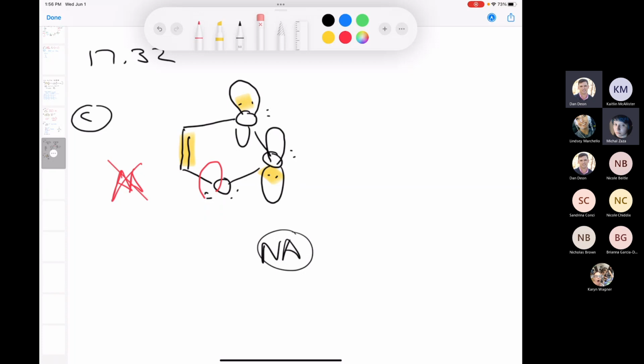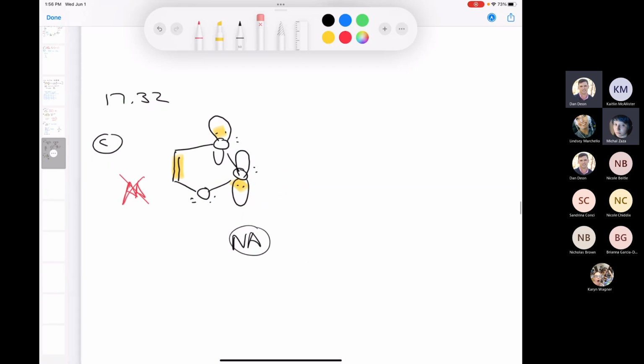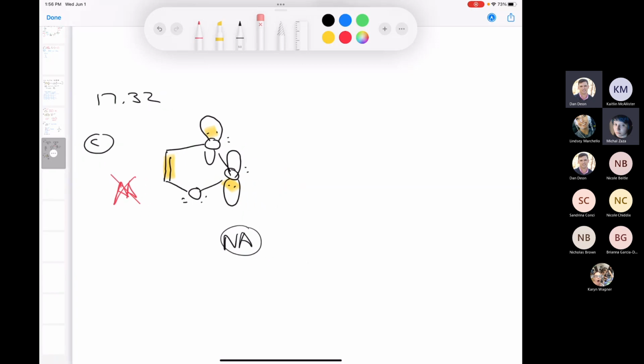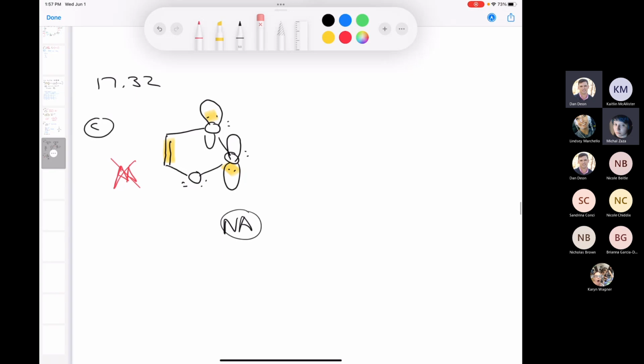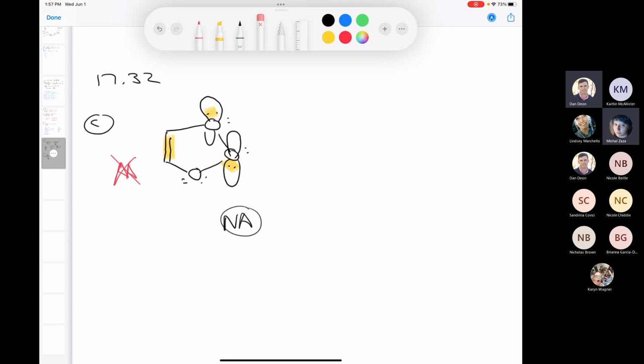And thus, one of those oxygens is going to be sp3 hybridized, and so the compound is non-aromatic. Again, if every one of those oxygens had a lone pair and a p orbital, then it would be anti-aromatic. So one of the oxygens has to be sp3, which renders the compound non-aromatic.